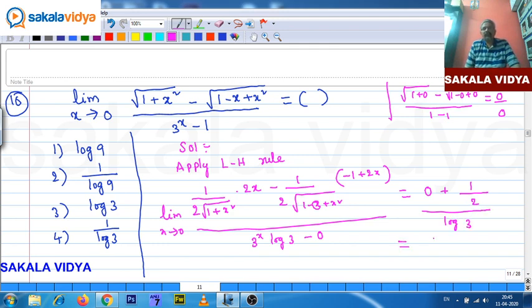So, we have 1 by 2 log 3. This we can write as log 3 square, so 1 by log 9. So, second option is the right option.